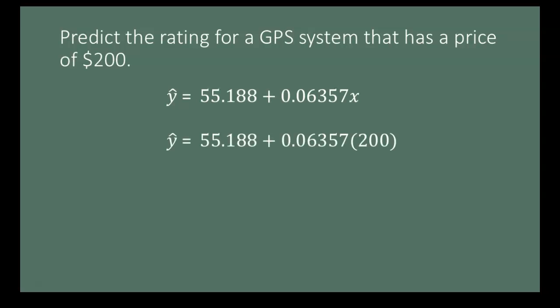So we plug that 200 in for x. If we multiply that 200 by our slope, you'll get 12.714. And so our predicted amount for the rating of a GPS system that has a price of $200 will end up as 67.902.